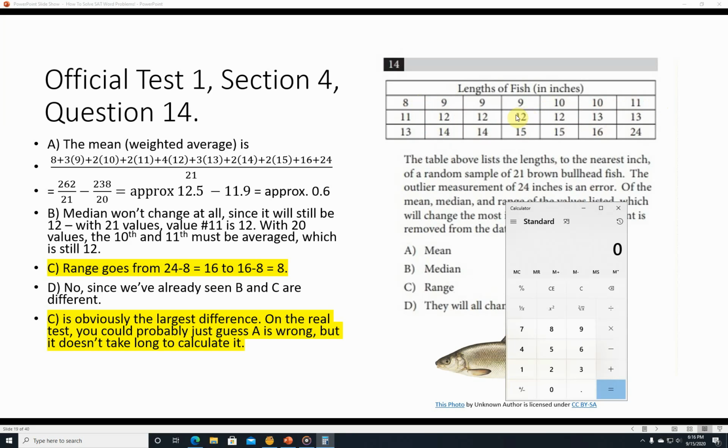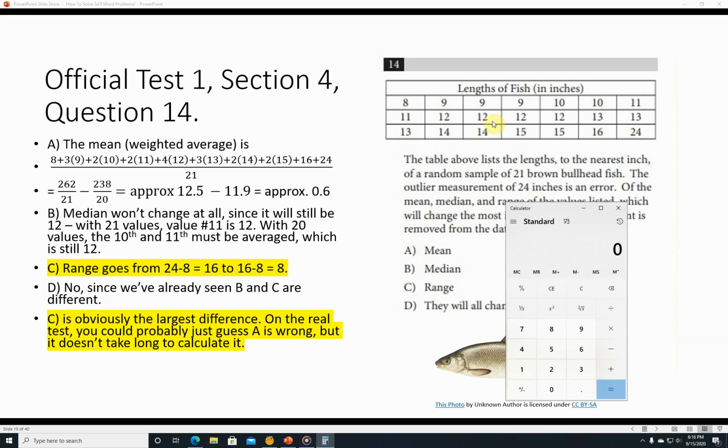That's wonderful. If we take this out, there's going to be 20 values, so we have to average the 10th and 11th value because there's an even number. When you have an even number of values, you take the two middle numbers and average them. So 1, 2, 3, up to 20.